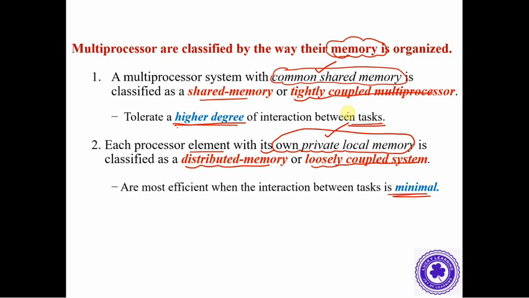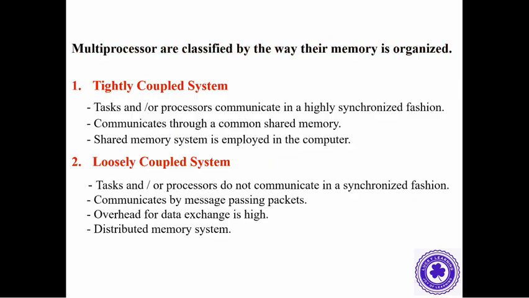In the case of a tightly coupled system, interaction between the processes or programs is high. A high degree of interaction is there in tightly coupled multiprocessor systems, and interaction is very less in loosely coupled systems, because each processor has its own private local memory. In a tightly coupled system, all the processors will have a shared common memory.